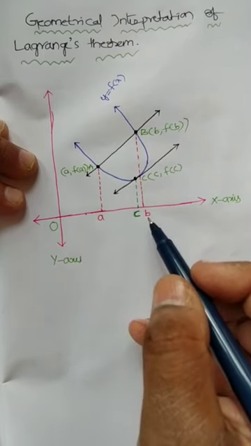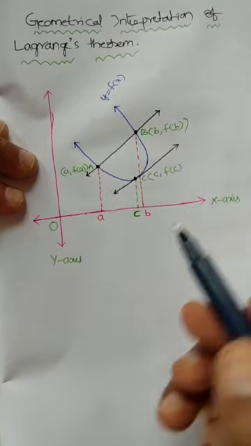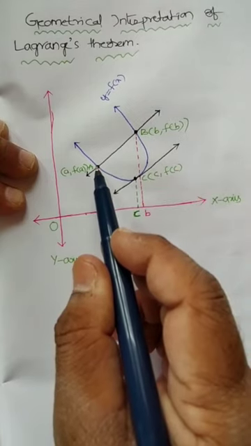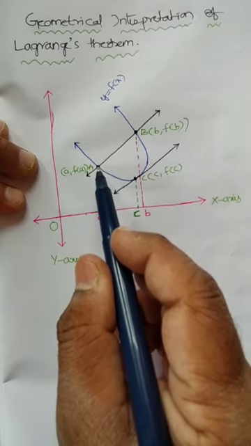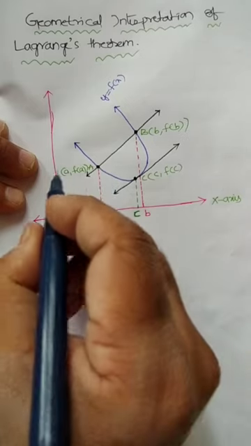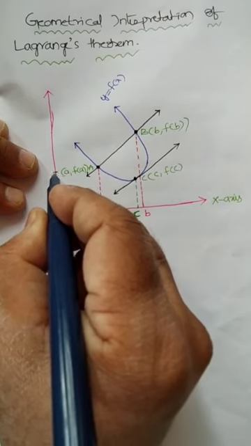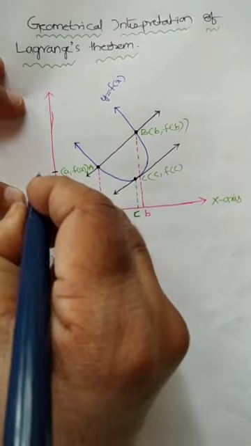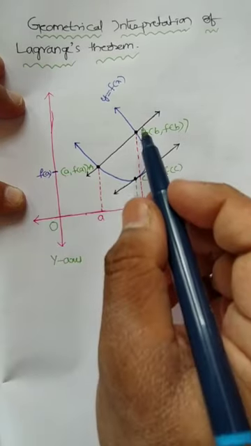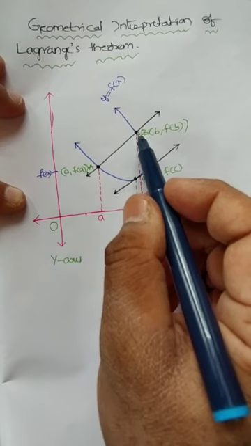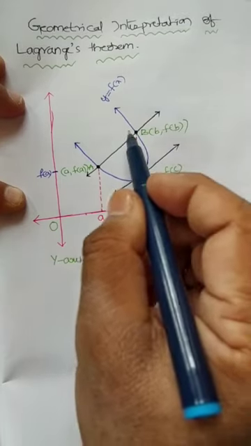Now observe that f of a is the point A's y coordinate. So here we would find f of a. Now for the respective b point, what is our y coordinate? f of b, which is parallel to this one.